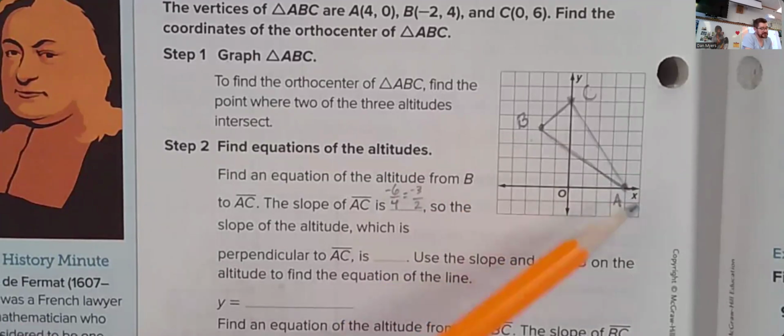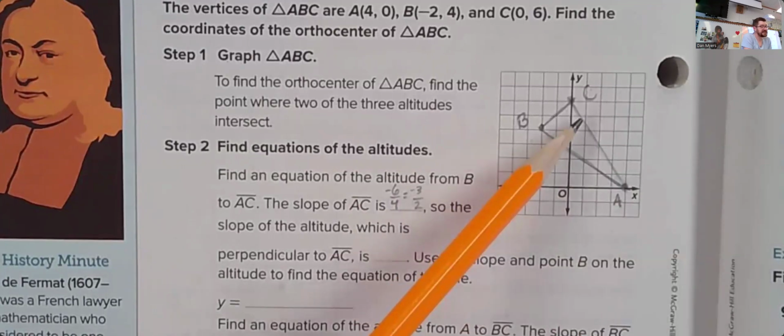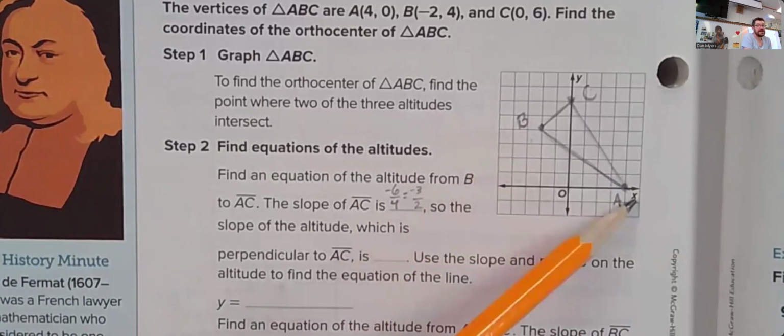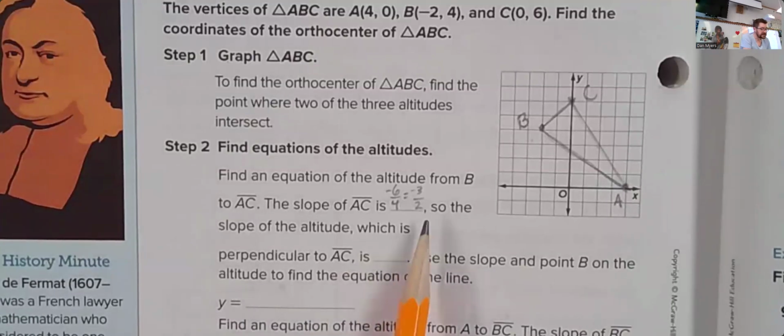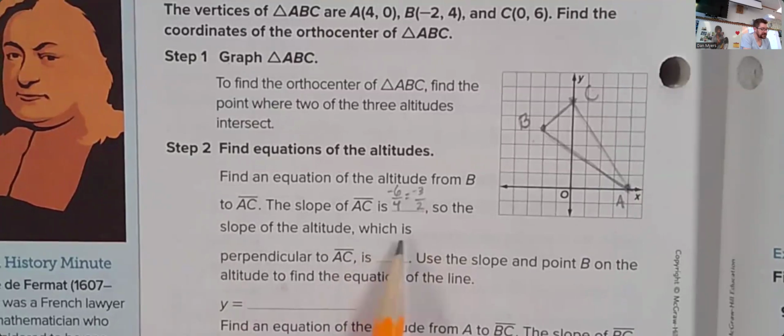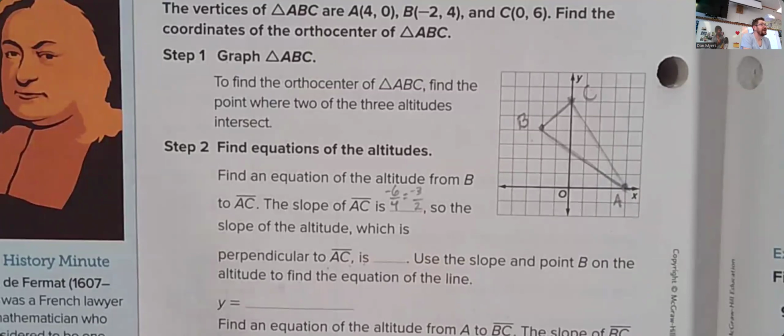The reason why we need the slope of that line is because the altitude from point B to this line needs to be perpendicular to this line. And if we're talking about perpendicular slope, we can actually figure out the slope of the line that is perpendicular to it. So because the slope of AC is -3 over 2, the slope of the altitude, which is perpendicular to AC, is, anybody know?